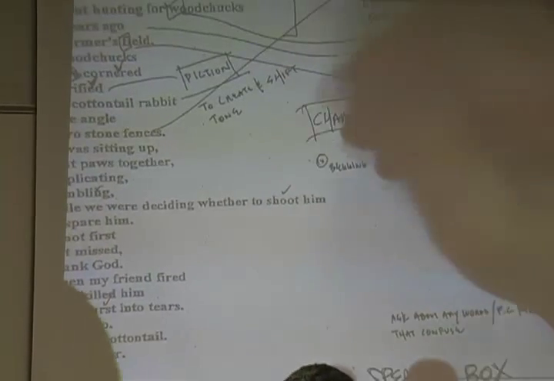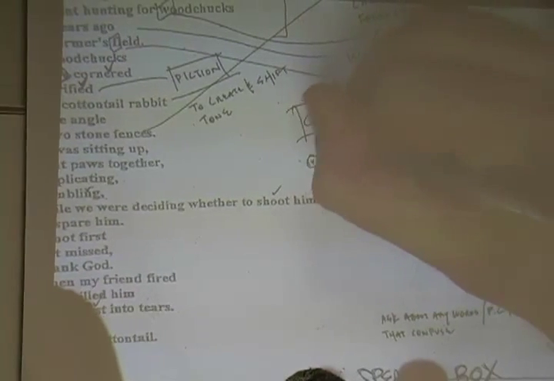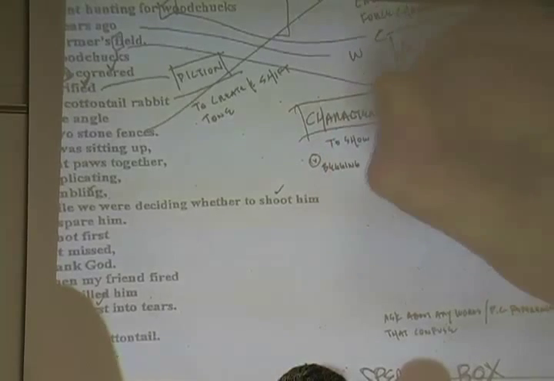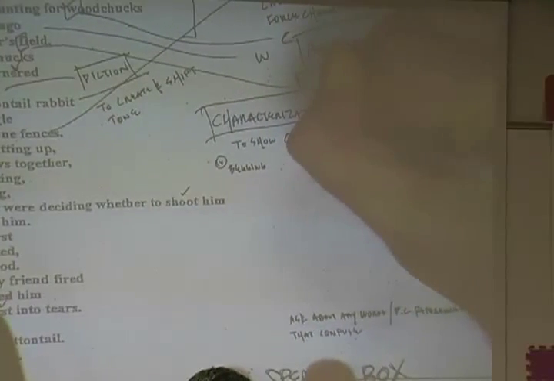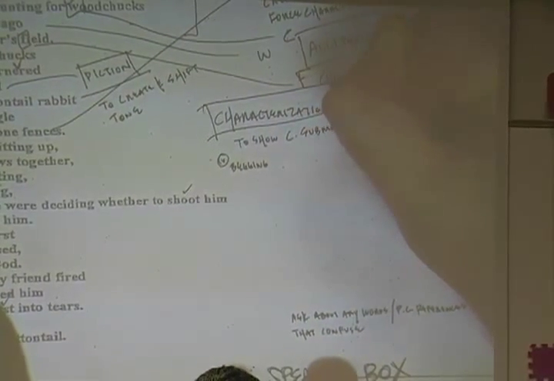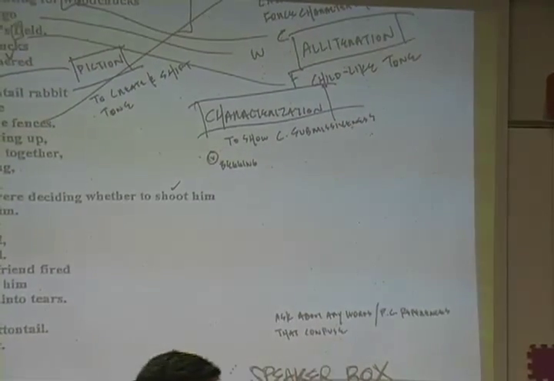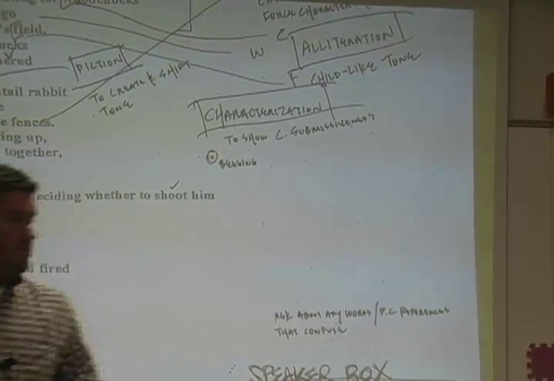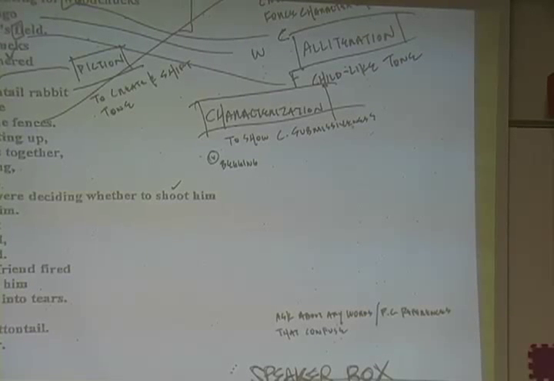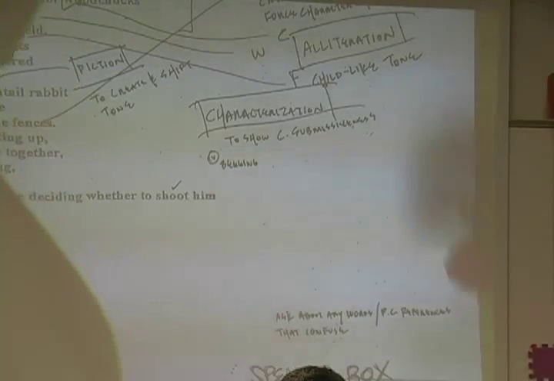Now look, some kids would say to show Cottontail's submissiveness. And I would go with that. But could you take it to the next step? What is the point of showing the submissive rabbit? It shows that they have power. Good. It establishes power, right?